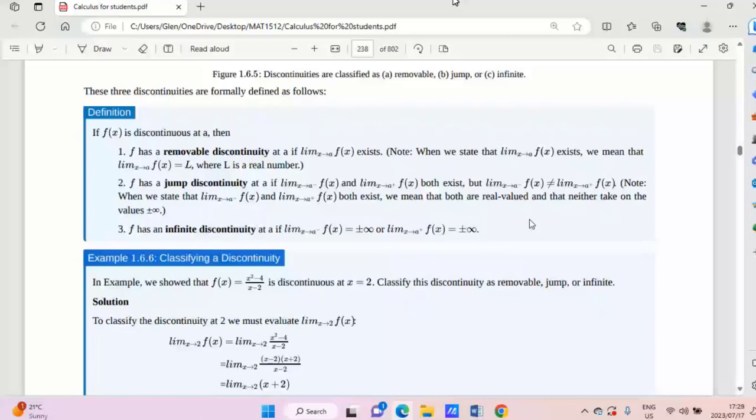So by saying that, if it exists, meaning the limit from the left and the limit from the right will be the same. No, what you just said is now referring to number 2, Abdul.